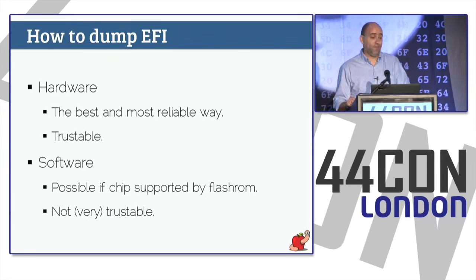Unless you can really mess up the chip, hardware is not my specialty. Unless you can find a way to make the chip give you something wrong, it's trustable. And you can also dump this from software, if it's supported by flashrom.